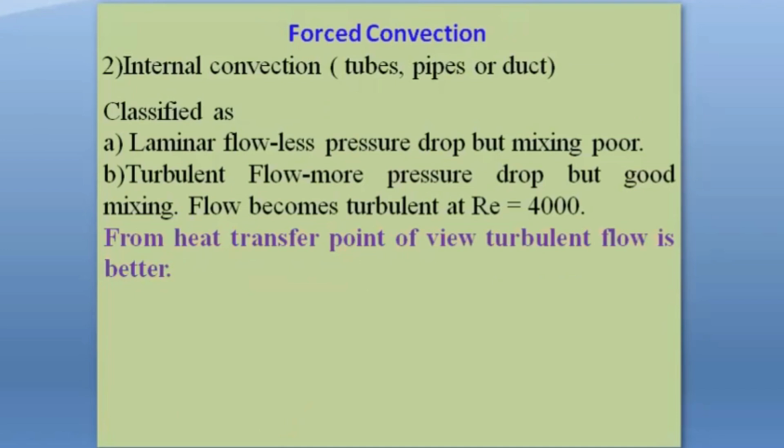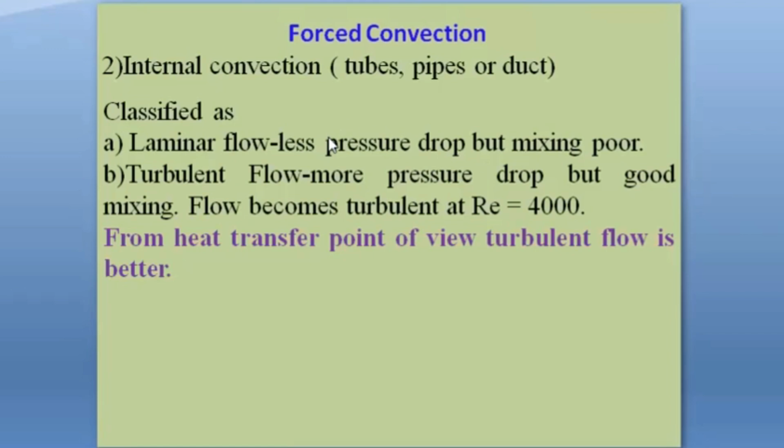Mechanical engineers mostly deal with flow in pipes, tubes, and ducts. So flow in a tube is either laminar, turbulent, or mixed. Please understand, it is not like external flow, where it is a mix of laminar, turbulent, and transition. But in flow in the duct, what happens?